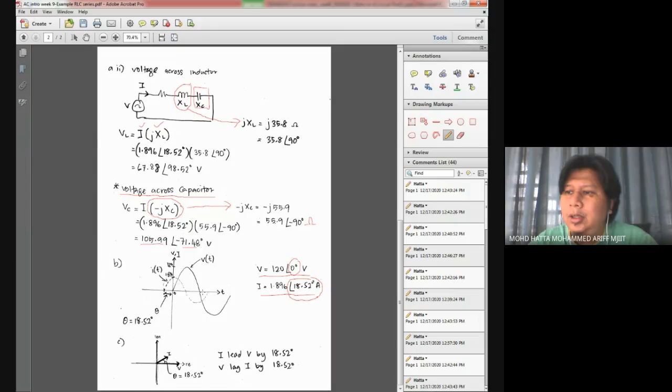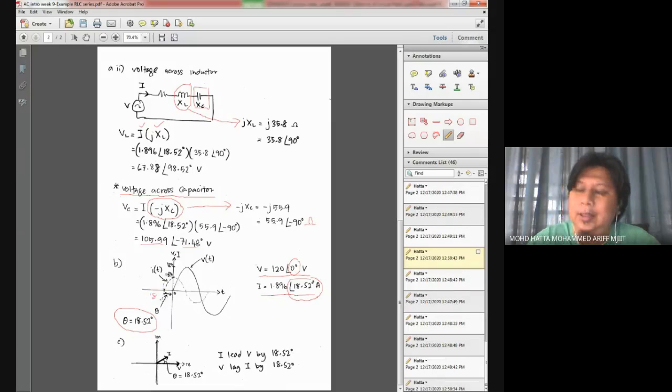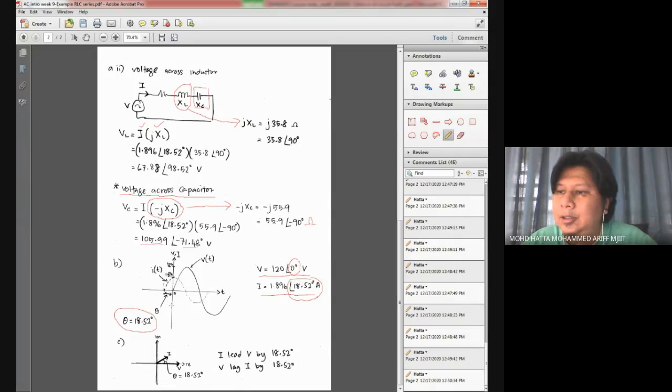Another important thing is the angle. Please label the angle over here. You can label it like this, or maybe put it like 18.52, for example. But since the space here is not enough, it is better you put it this way.